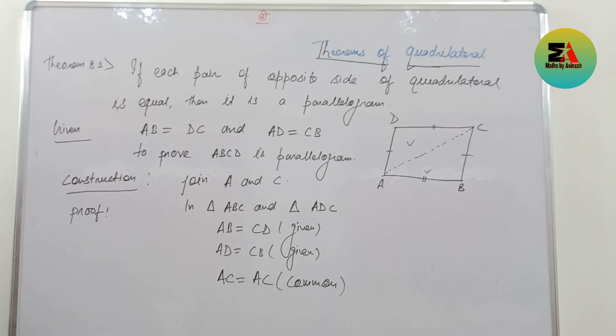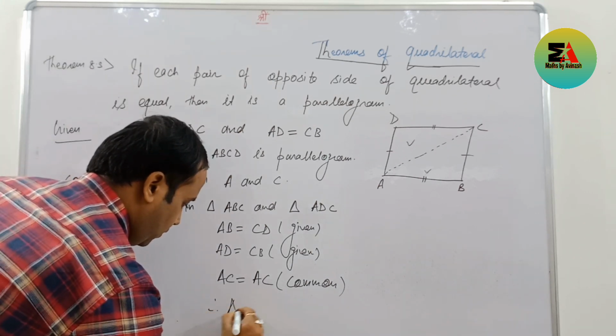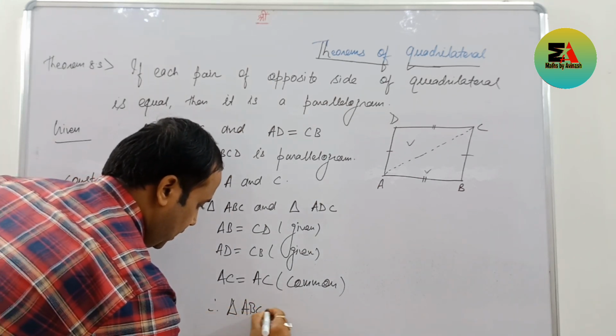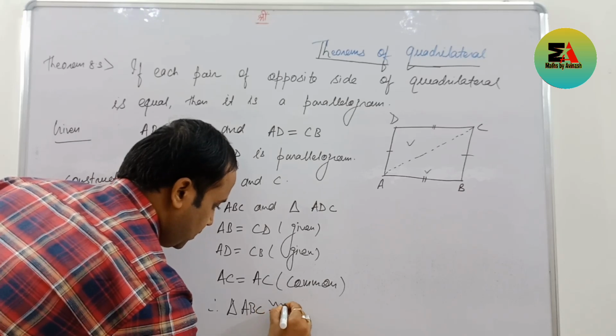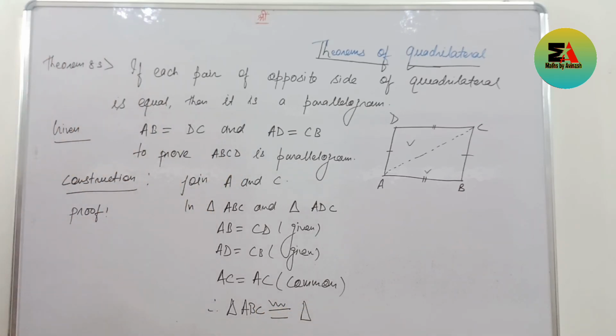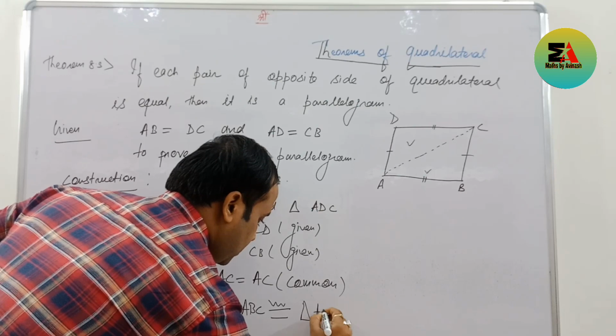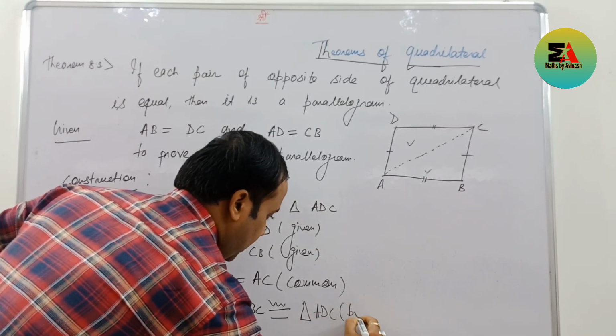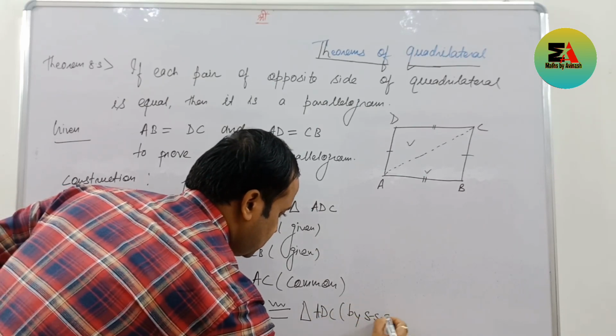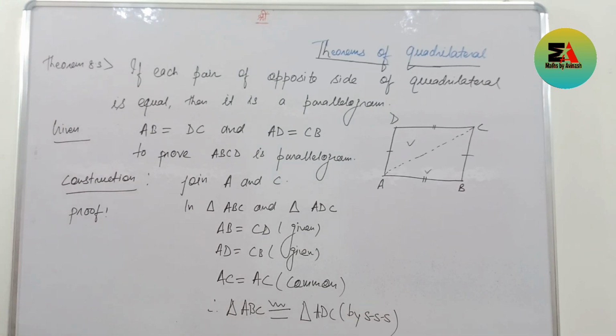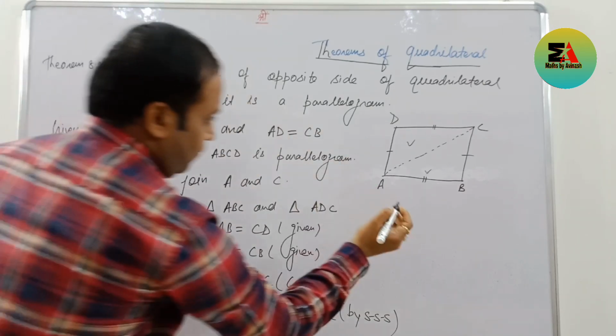Then what we said? Therefore triangle ABC is congruent to triangle ADC by SSS congruency. When triangles are congruent, then what we said? See carefully.